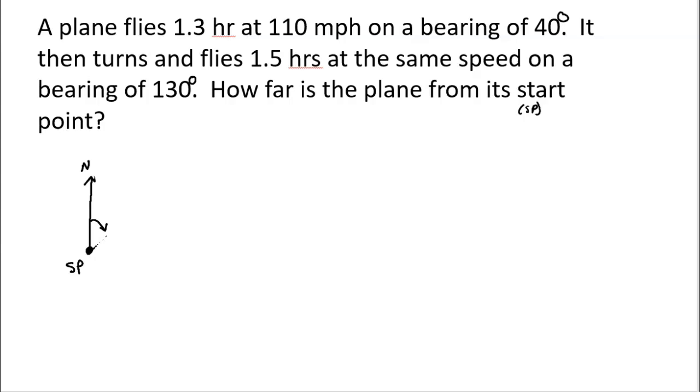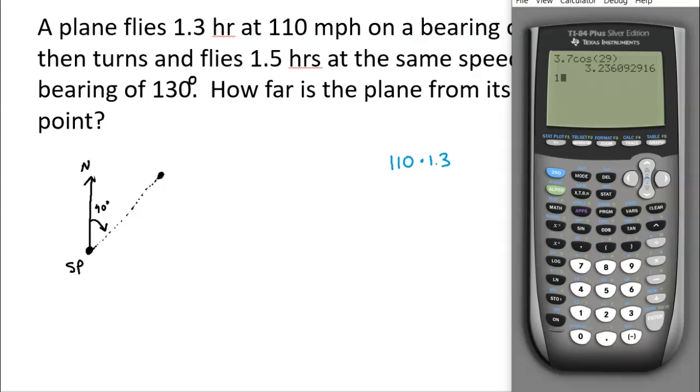It heads up, and then it hits a point. So this is, again, 40 degrees. How long did it actually travel? It traveled for 1.3 hours, so we're going to multiply 1.3 by 110. Let's go ahead and do that.